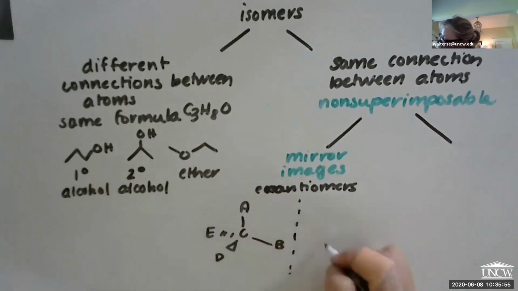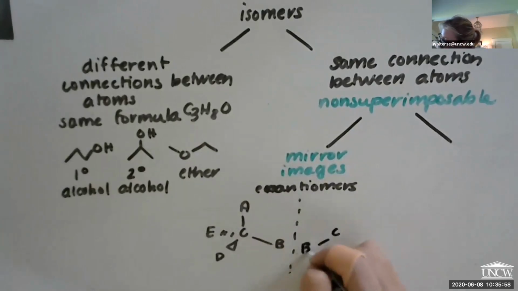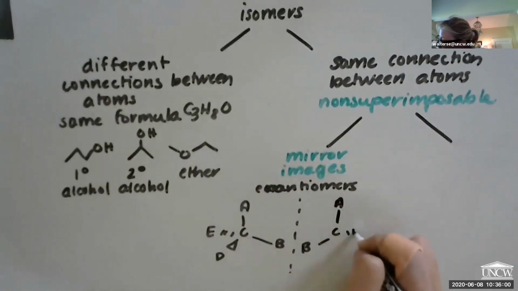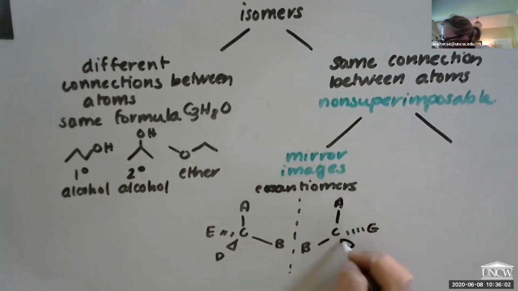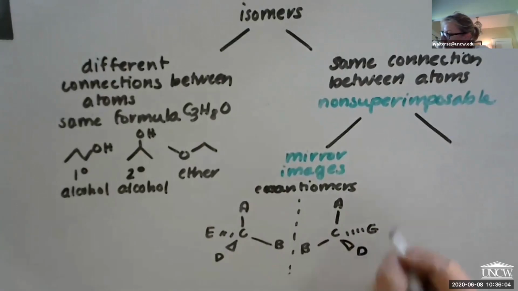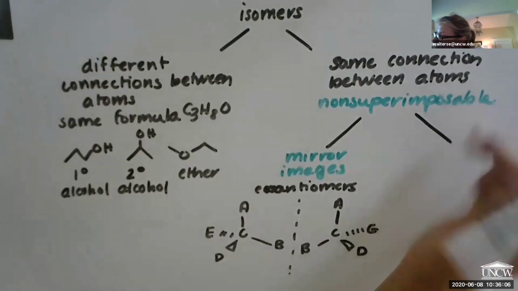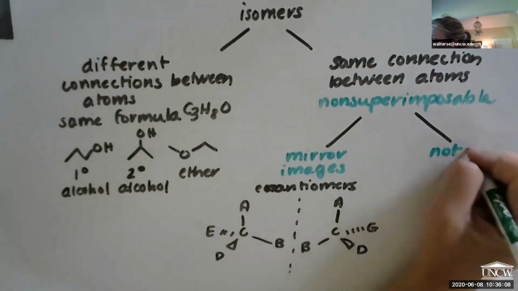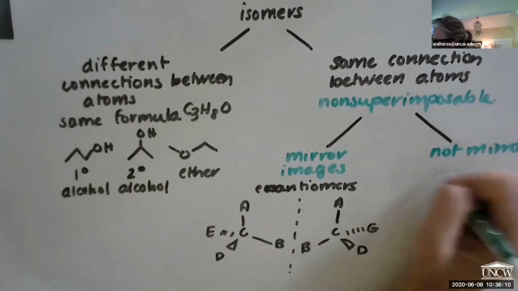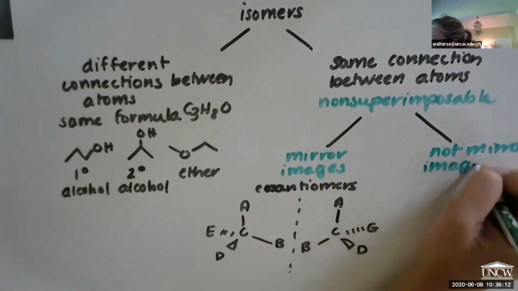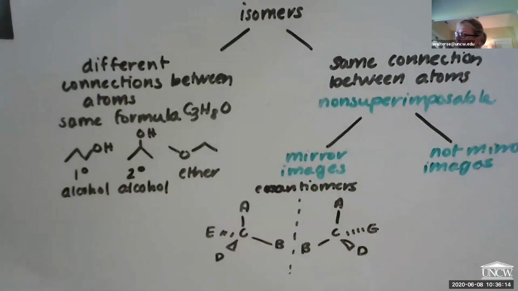That's my mirror plane. Okay. If they're not superimposable, but they're not mirror images, then they're diastereomers.